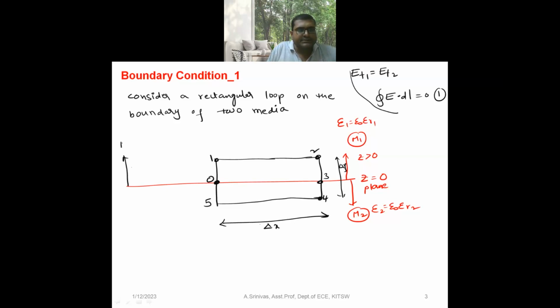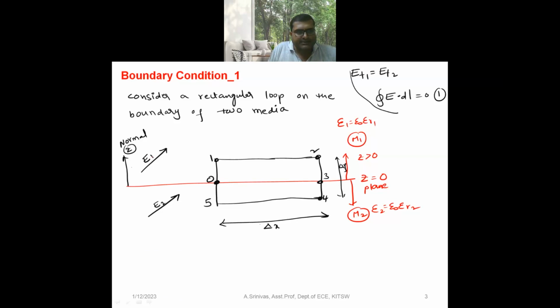Normal to the boundary is the z-axis. E1 in medium 1, E2 in medium 2.